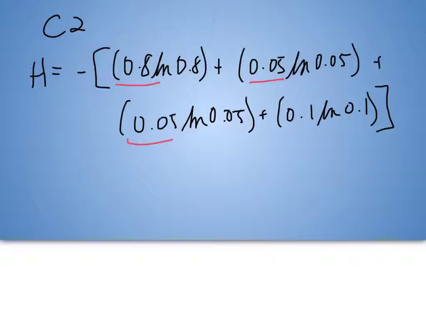And then finally for species D, we have 0.1 times the natural log of 0.1. We add all these quantities up, and we get 0.71, which is the diversity index of community 2.